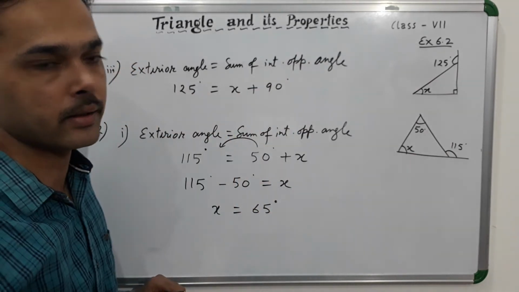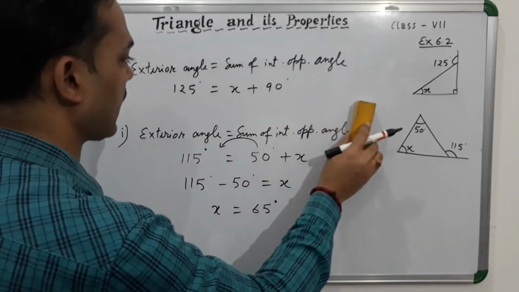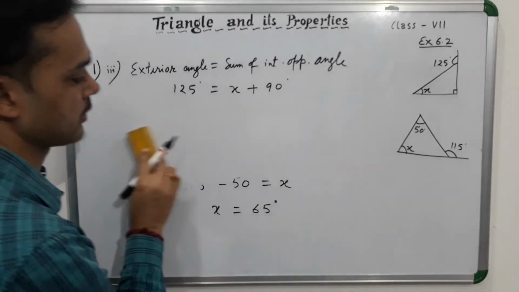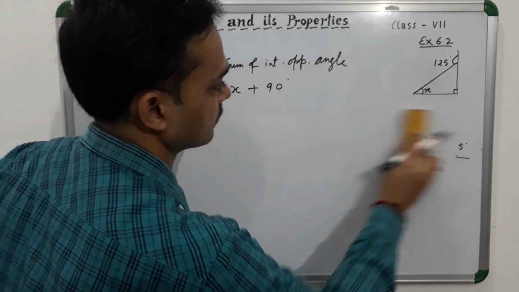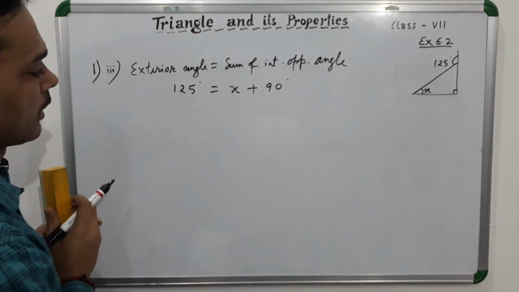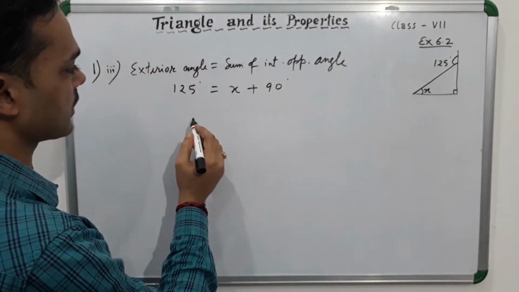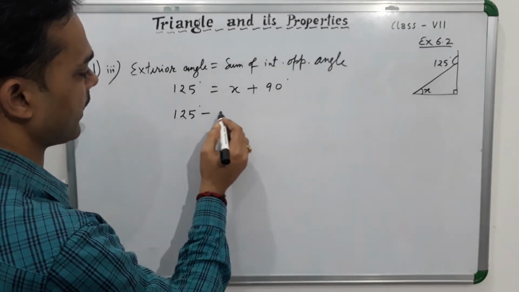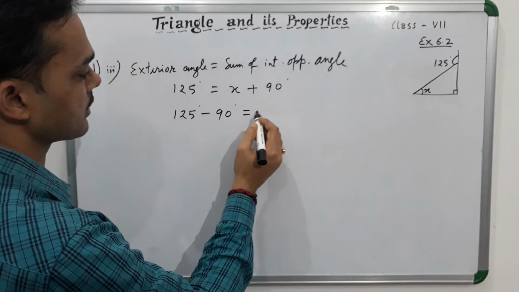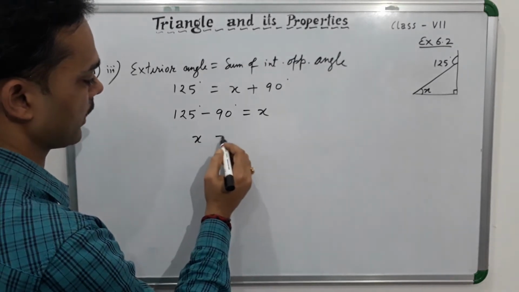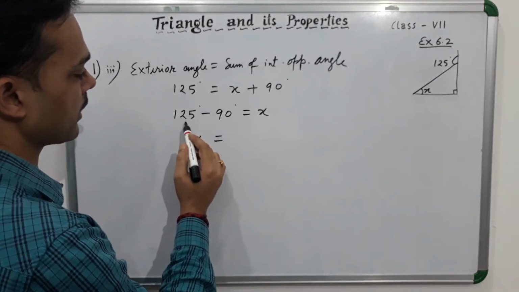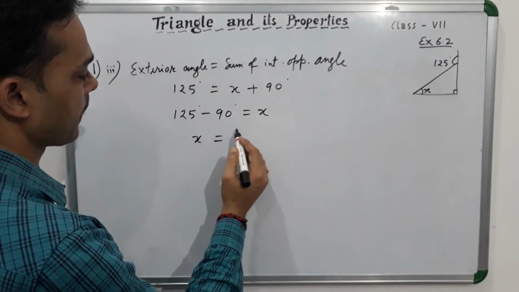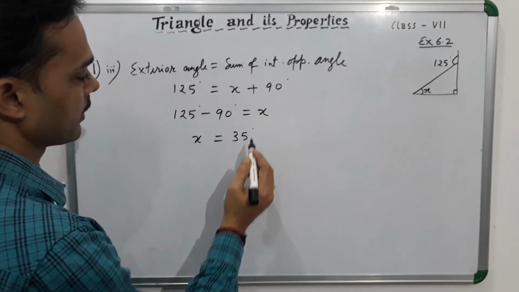Now let us find the value of x. For finding the value of x, you will transpose this 90. So 125 minus 90 degrees is equal to x.